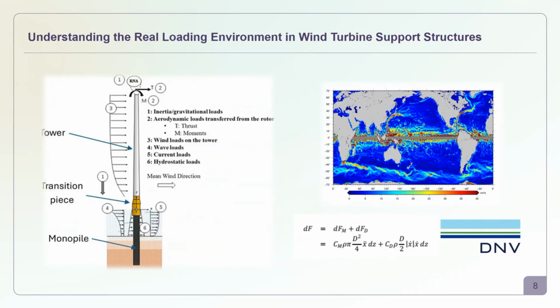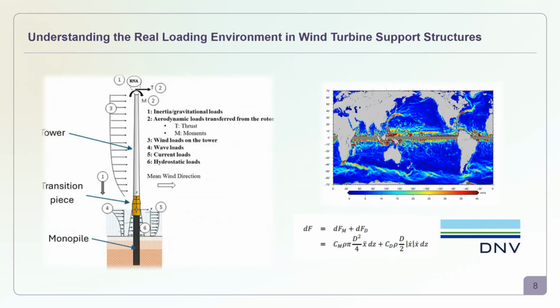Other than that, the extra forces that are also there are caused by water. So you end up with wave loading, with ocean current loading, and some hydrostatic pressure. And all these mentioned loads do not act independently.